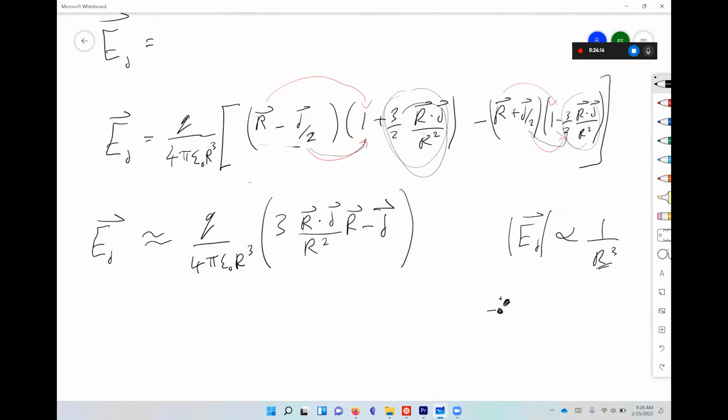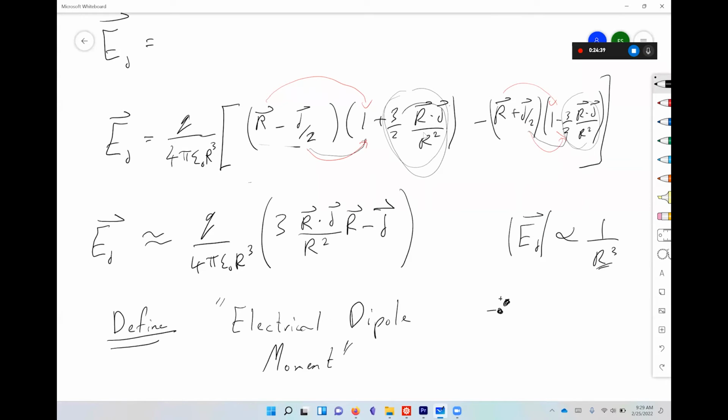And we want to bring in a definition. We want to define something. We want to simplify this a little bit further. We want to define something called the electrical dipole moment.